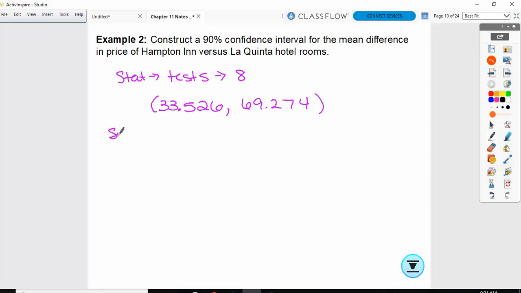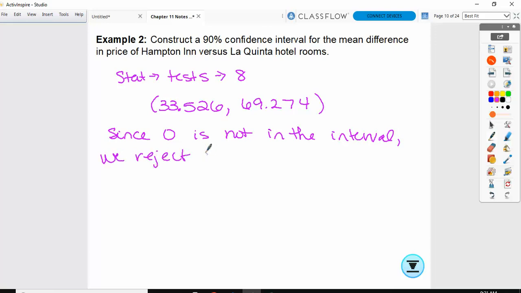No. 0 is not in the interval. We reject the null hypothesis. There is evidence the means are different.